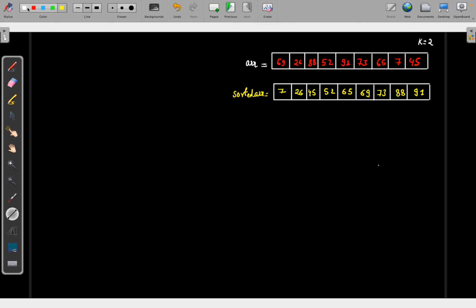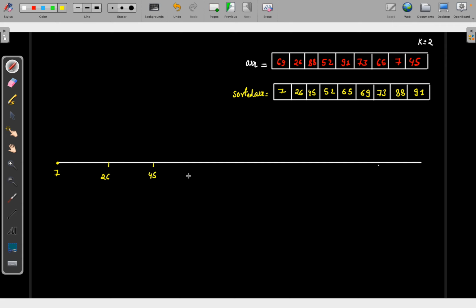So what I will do is first represent it on a one dimensional line. This is my one dimensional line and I will represent all the positions of my houses. Suppose this is 7, then we have 26 here, then 45, then 52, very near, and then 65, then I will represent 69, and then 73 will be a bit nearer.